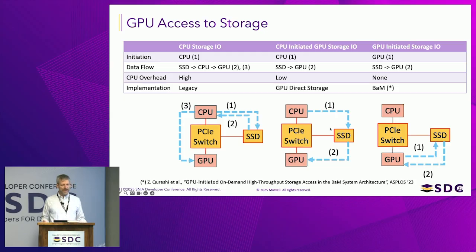But once the CPU initiates the access to storage, the GPU and SSD can communicate directly. So the data can flow directly from the SSD to the GPU. There's still some CPU overhead for the initiation, but not for the actual transfer. So it's an improvement over the past.